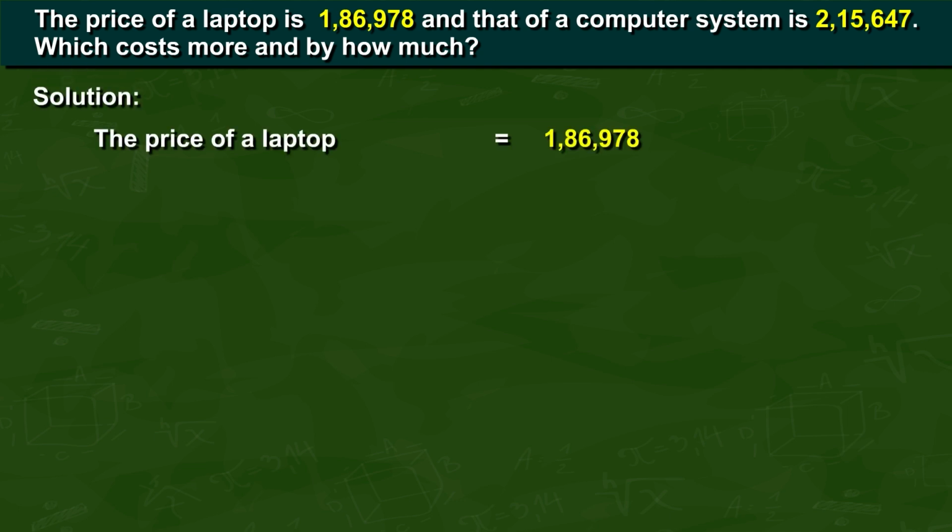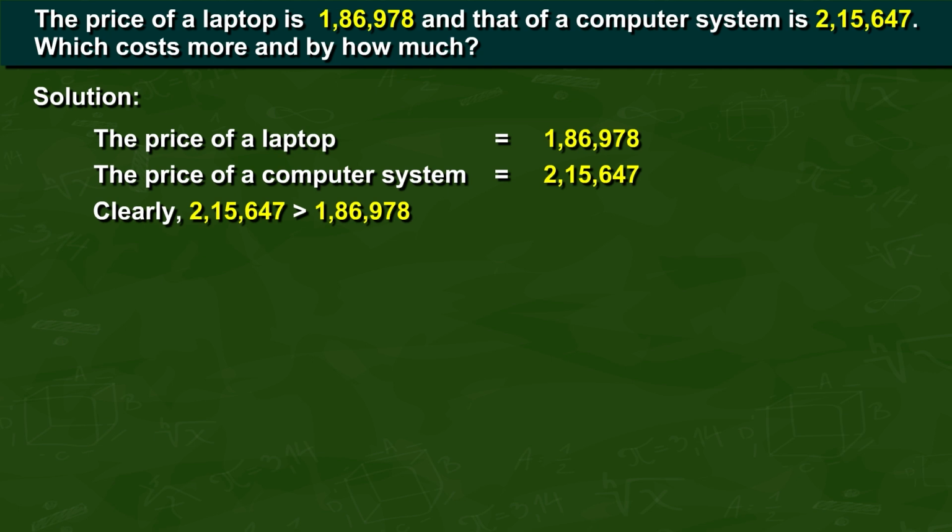The price of a laptop is equal to 1,86,978. The price of a computer system is equal to 2,15,647. Clearly, 2,15,647 is greater than 1,86,978. The computer system costs more than the laptop.